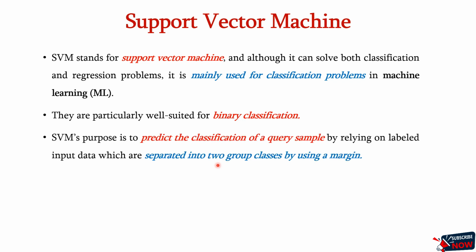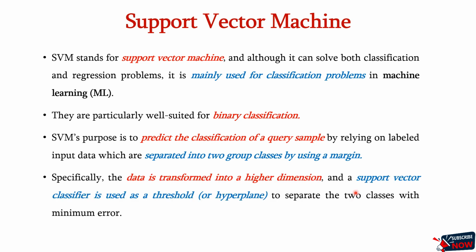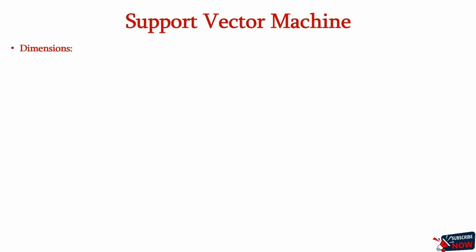The purpose of the SVM is to predict the classification of a query sample by relying on the labeled data, which are separated into two groups of classes by using a margin. Specifically, here the data is transformed into a higher dimension and a support vector classifier is used as a threshold or hyperplane to separate the two classes with minimum error.